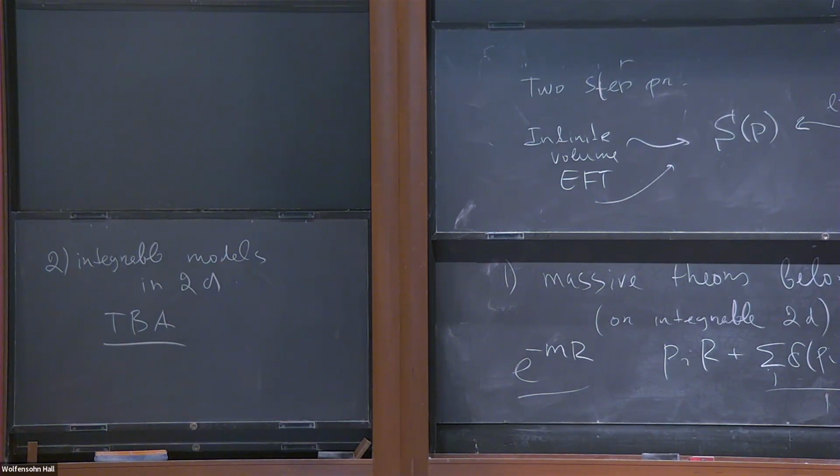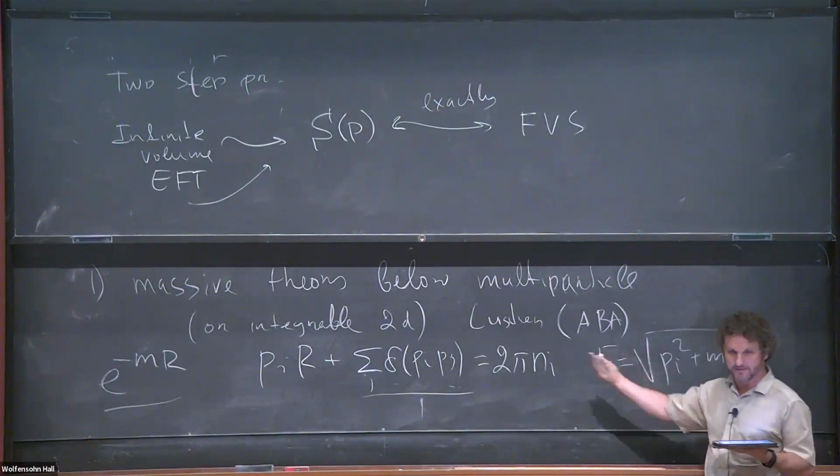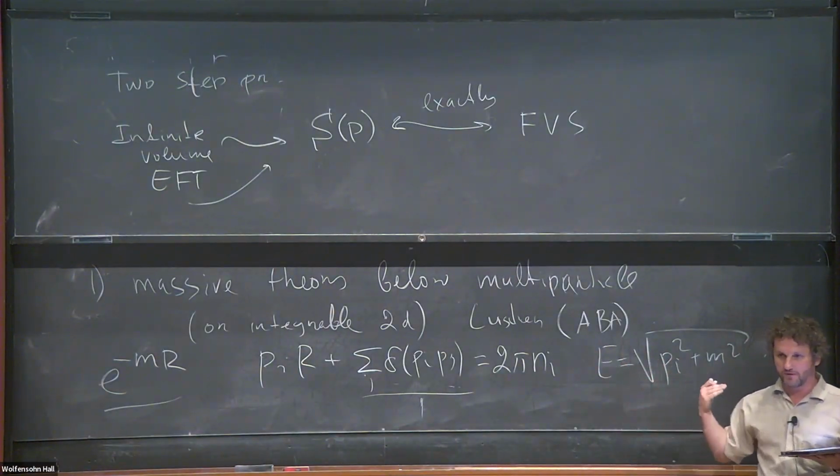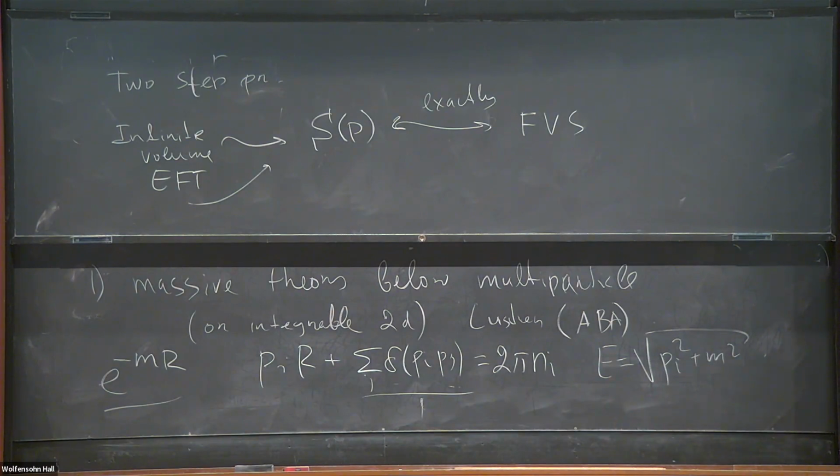Now, of course, at the end of the day, our theory is not integrable, but the logic is that we calculate to a certain order in the EFT expansion, and up to the order at which there is no particle production, we apply this technology and get the finite volume spectrum exactly.